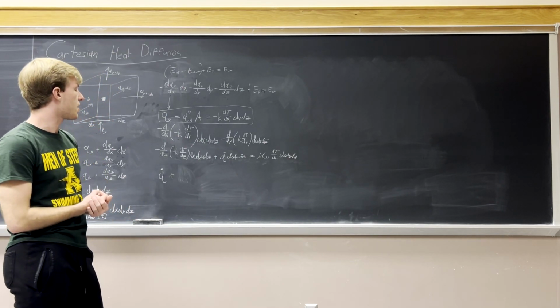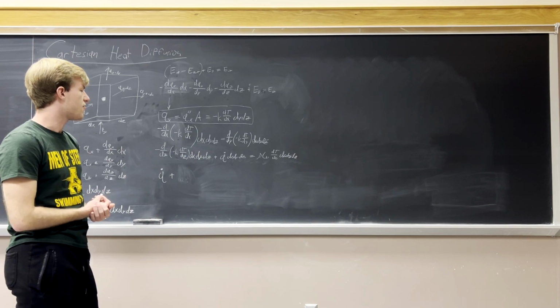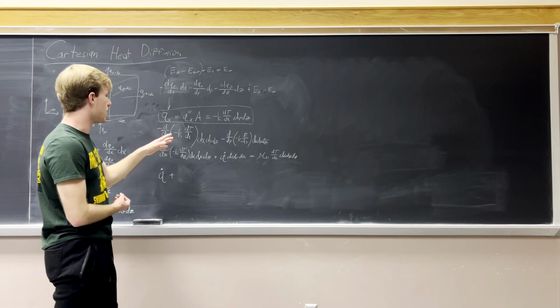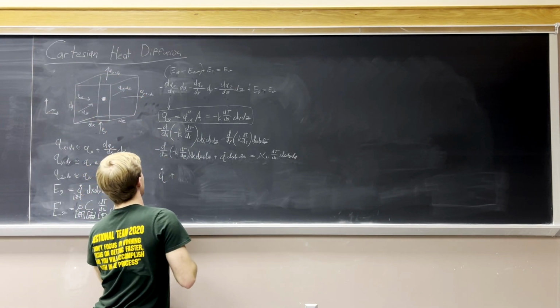I'm trying to remember if we did the product rule here. I feel like we do, but I'm going to assume no. So I'm just going to take the derivative of both of these with respect to x.